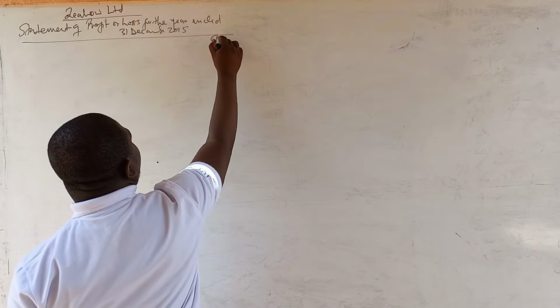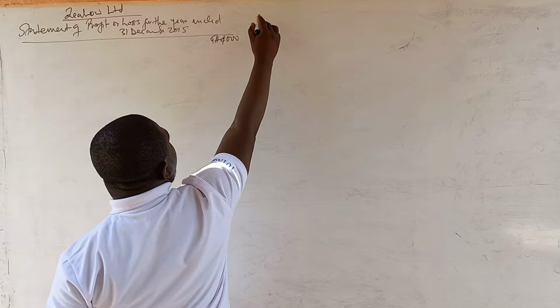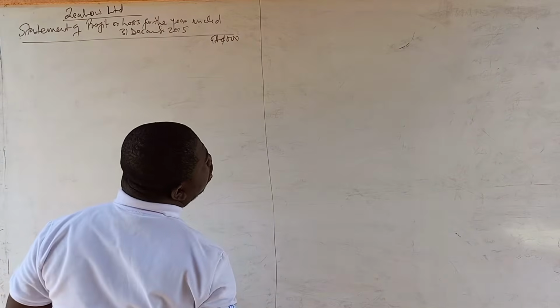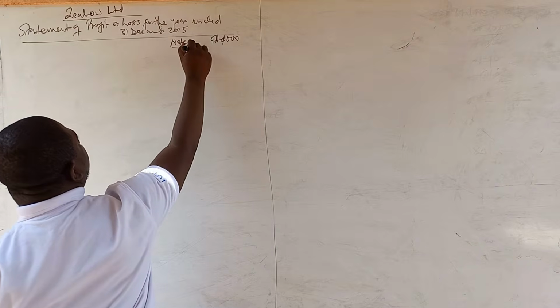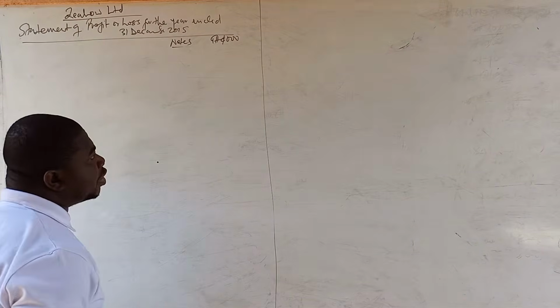So I'll show my currency sign with 3 zeros. And then I'll indicate the notes to the financial statement.